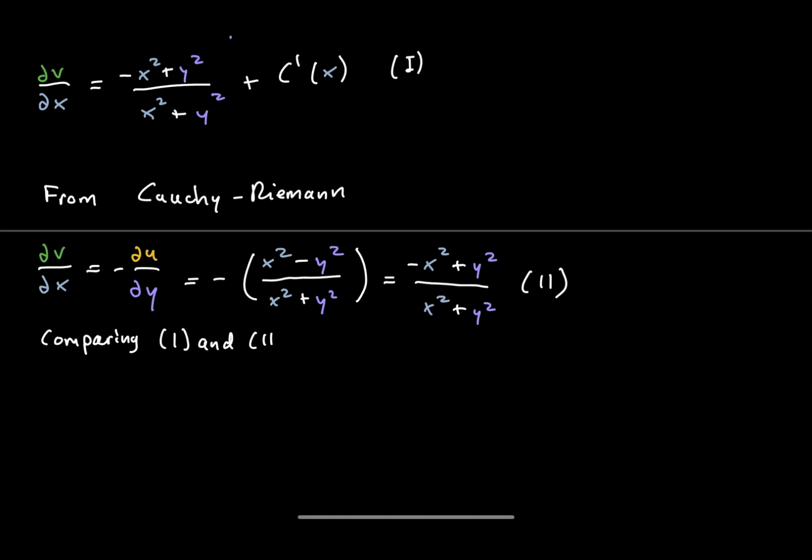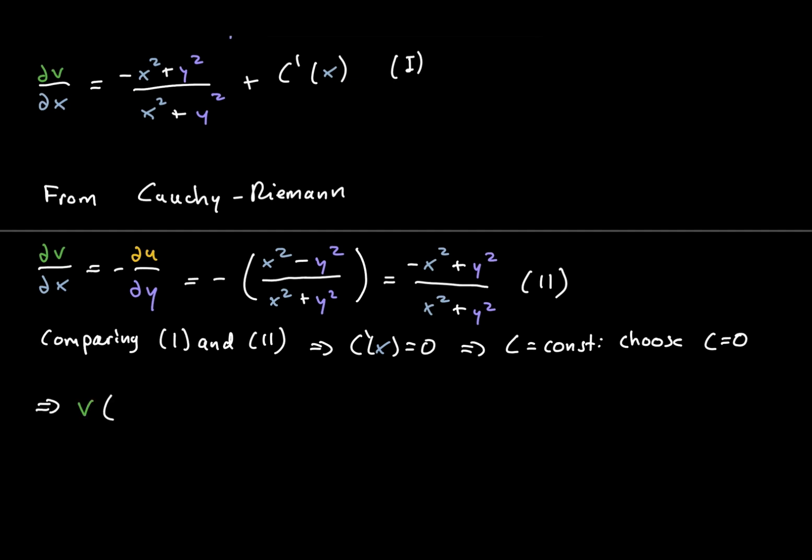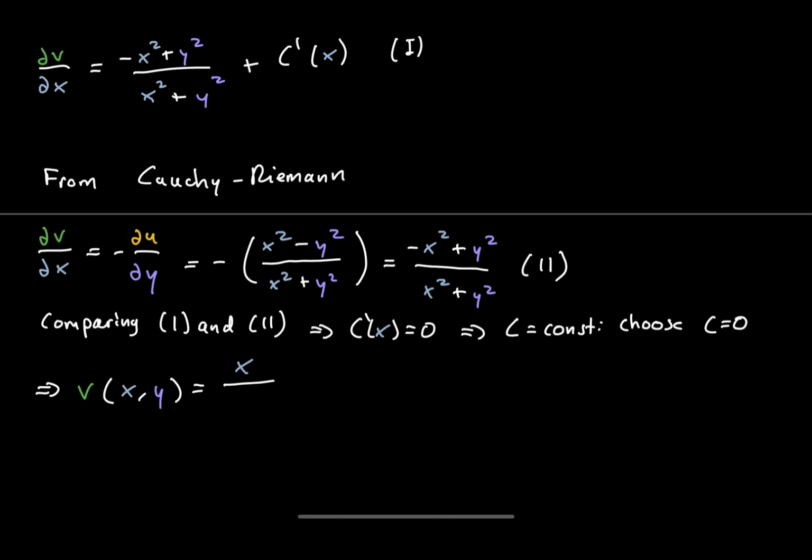Comparing both expressions, we get c prime of x equals 0. So c of x is just a constant. For simplicity, we choose that constant to be 0. Therefore, v of x, y equals x over x squared plus y squared.